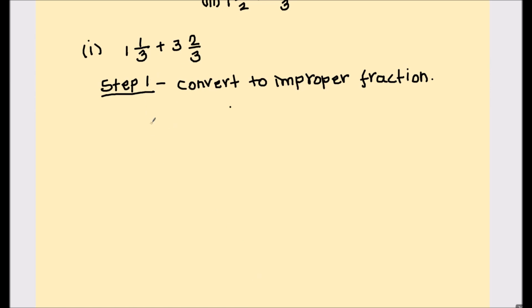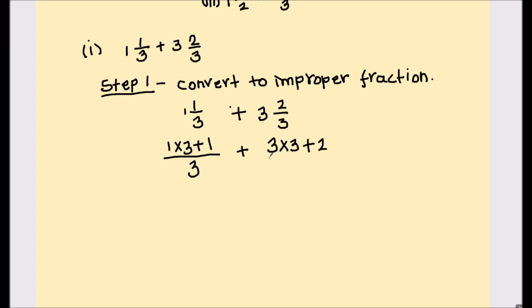So let's convert our two fractions into improper fractions. Our first fraction, 1 1/3, will be 1 times 3 plus 1 divided by 3, and the second fraction, 3 2/3, will be equal to 3 times 3 plus 2 divided by 3.